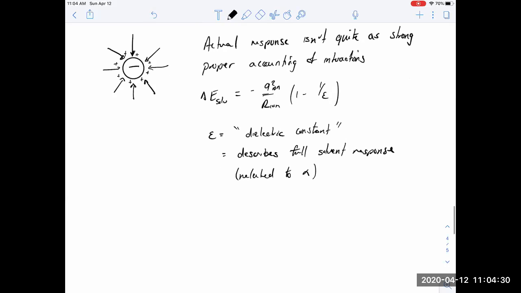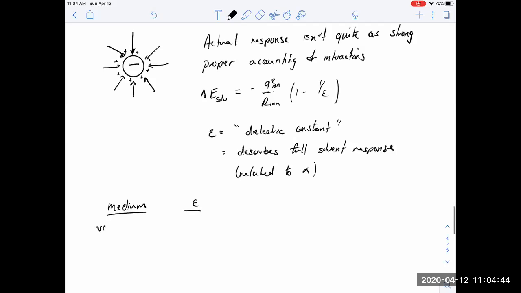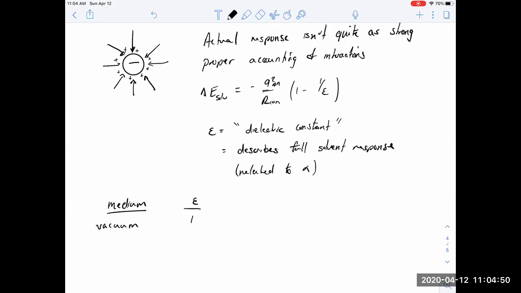It's worth noting some kind of scales for this constant. So it's unitless. Depends on what the medium or solvent is. We made a little bit of a table. In a vacuum, there was nothing to be polarized, so that dielectric constant is 1.